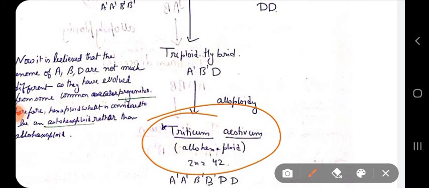In this way we can get new varieties of plants with improved resistance against disease, higher yield, and better quality by interbreeding and polyploidy.